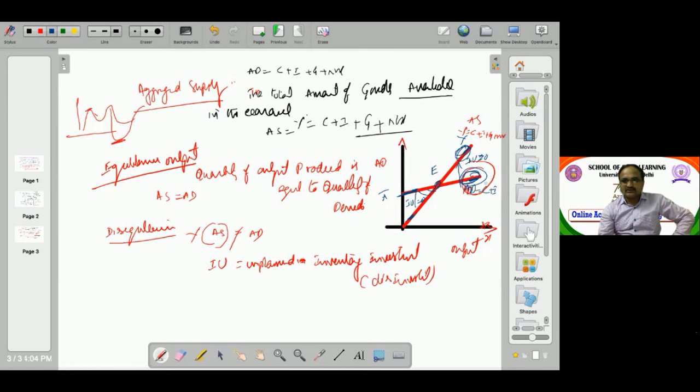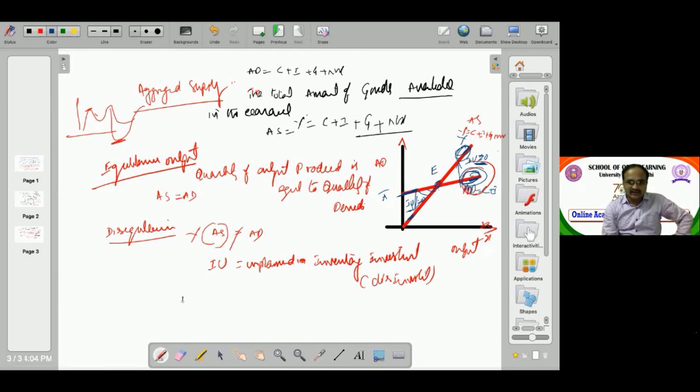Aggregate supply is more than demand, which means more investment has happened. More investment leads to more supply of goods and services. This is disinvestment, that means here investment is very low, so you put in investment to increase the supply, until demand equals supply. And at this point, supply is more than the demand. The production of goods and services is more than the demand, so investment is more.